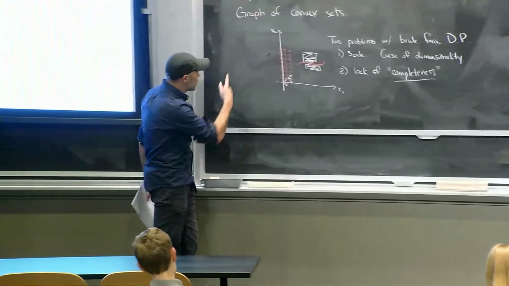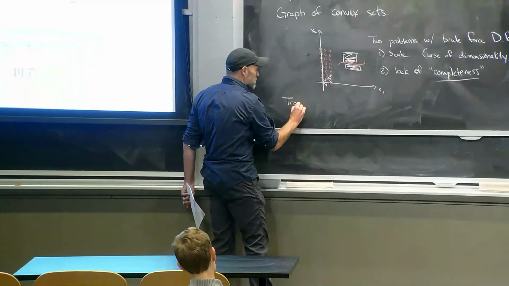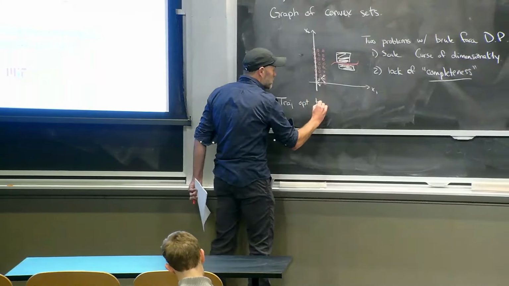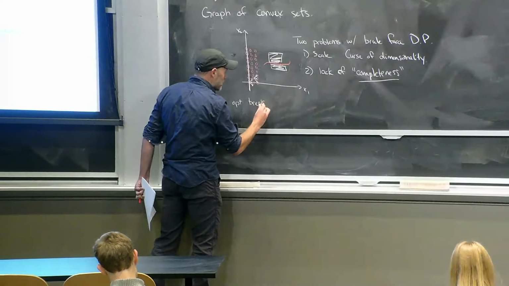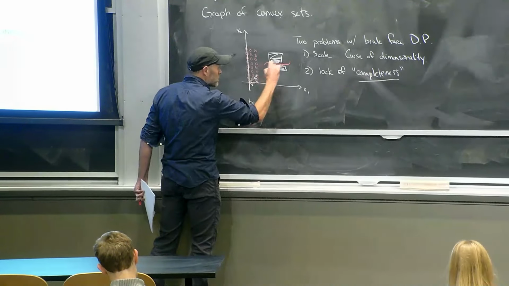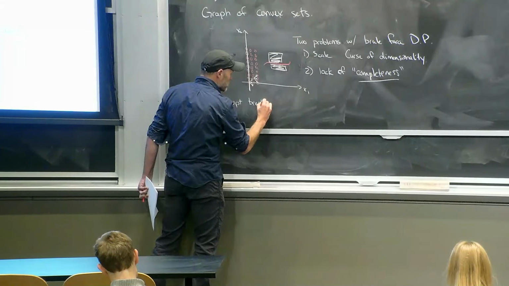Trajectory optimization, we said, gets around that, breaks the curse of dimensionality, and potentially handles some of the, it doesn't have any discretization in state like this.